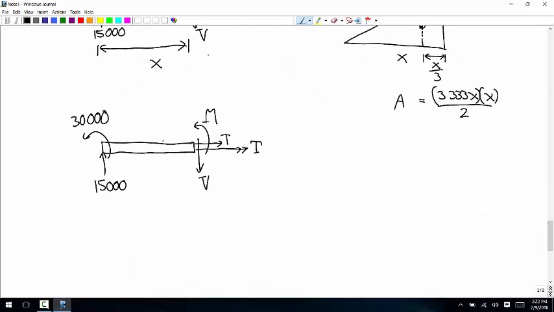And so I'm going to represent this now as a point force with a magnitude of 1667x squared. And then since this is the about point, what we really want is the distance from here to here. If the whole thing is x, and this is x over 3, what's this distance? Yeah, 2x over 3.